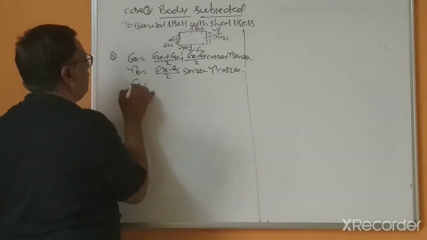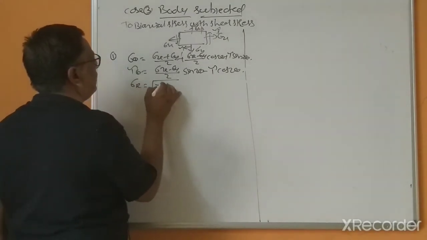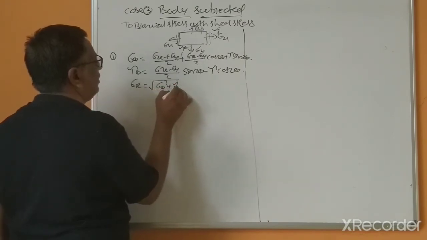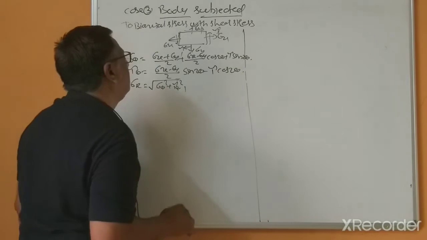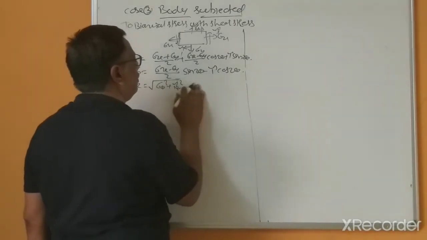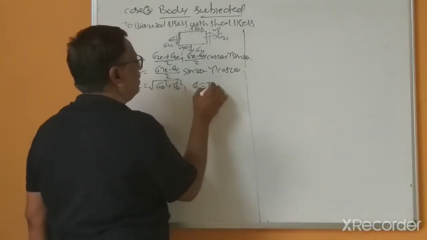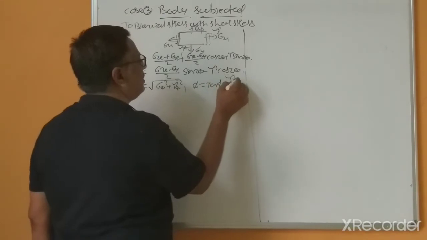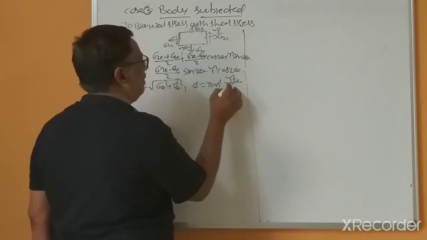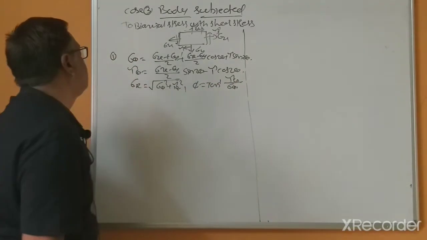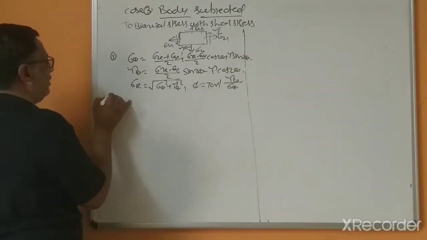Resultant stress equal to under root sigma theta square plus tau theta square, and phi equal to tan inverse tau theta divided by sigma theta. So this is your first point.